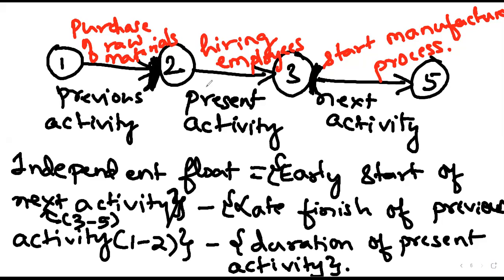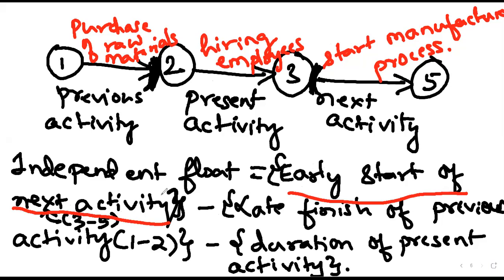A small adjustment we are supposed to do in terms of the formulation of the equation. For free float, this component remained the same. If you have observed, the early start of the next activity, we are going to consider even in the free float calculation. Next is late finish of the previous activity.